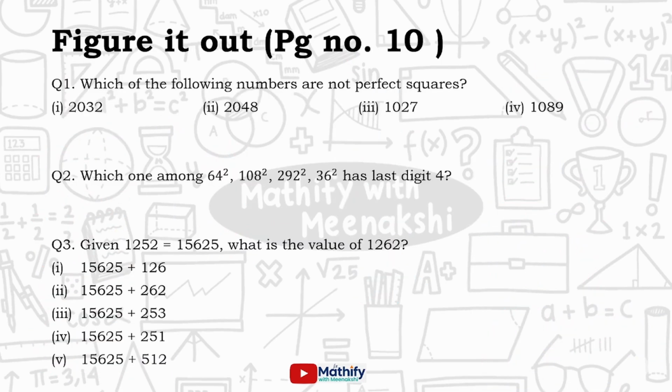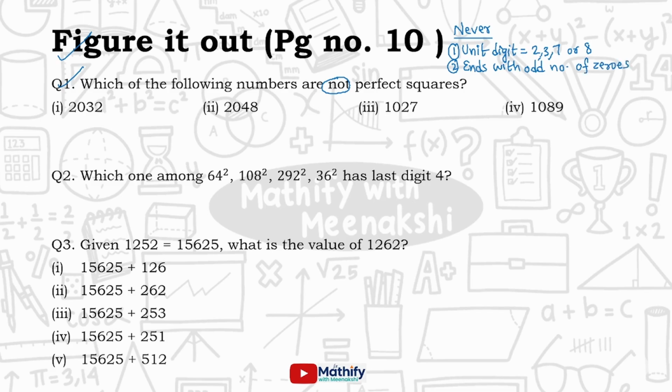Now let's start figuring it out. That's on page number 10, question number 1. Which of the following numbers are not perfect squares? You know that we have two properties that tell that a number is never a perfect square. First, if the unit digit is 2, 3, 7, 8, and second, if the number ends with an odd number of zeros.